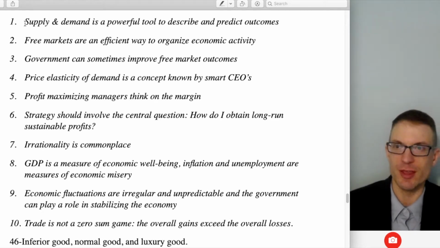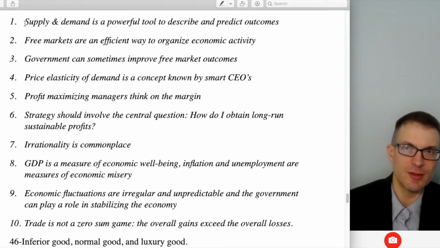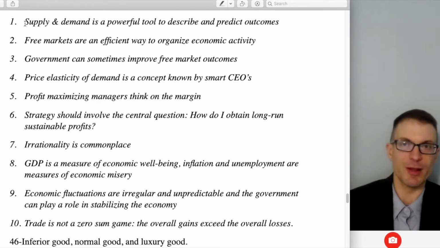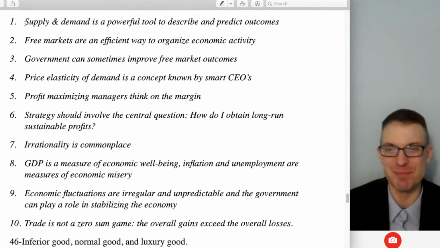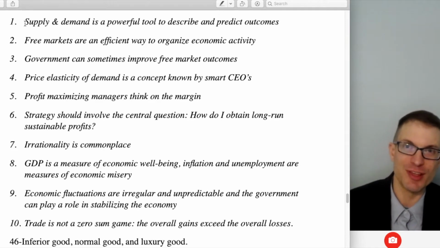All right, so the first thing, supply and demand is a powerful tool to describe and predict outcomes. The basic idea is that the supply and demand model rests on some actually pretty restrictive assumptions: that we've got a competitive market, many buyers, many sellers, who take the price as given. And so it's actually incorrect to use the supply and demand model to think about iPhones, because Apple is not operating in a perfectly competitive market.